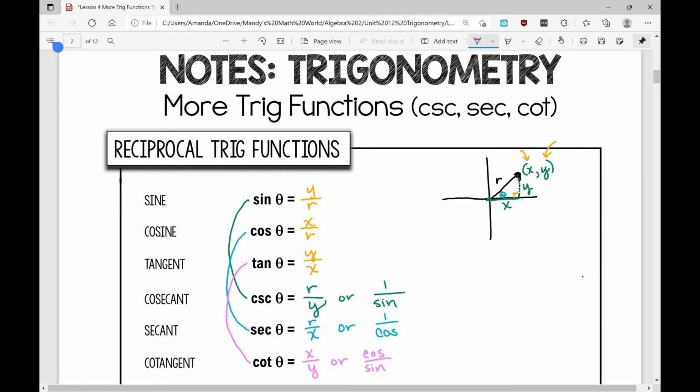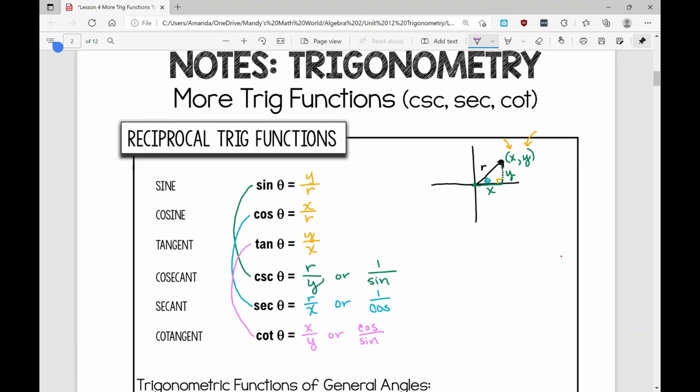When I think of cosine, I think of x, tangent, y over x, and then if I really know those trig functions, sine, cosine, and tangent, I know my reciprocal trig functions, cosecant, secant, and cotangent. You just have to remember which ones match up with which. Like cosecant is the reciprocal of sine, okay? And once you can memorize at least one of those, then you can figure out the others.